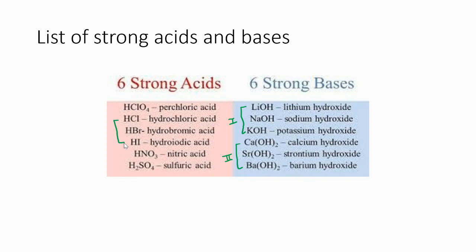The other 3 that we have listed here, the way that I tend to remember it is they have many more oxygens than they do hydrogens. So here, HClO4 has three more O's than H's, 2 more O's than H's for nitric acid, 2 more O's than H's for sulfuric acid. And really memorizing them is kind of the best way.